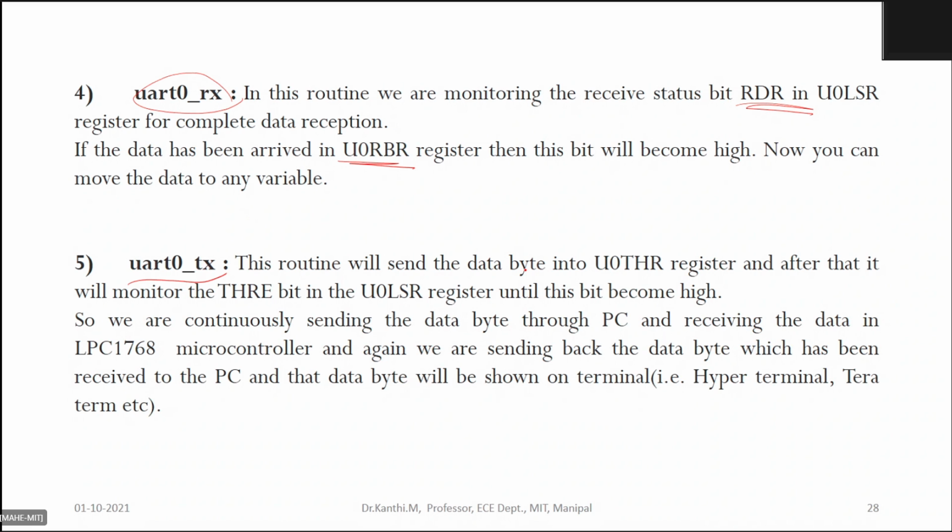This will send your data byte into the transmit hold register, and it will monitor bit 5 of the line status register until the bit becomes high. You keep monitoring whether the data you are going to transmit is sent or not. Once that bit is set, the data is transmitted.